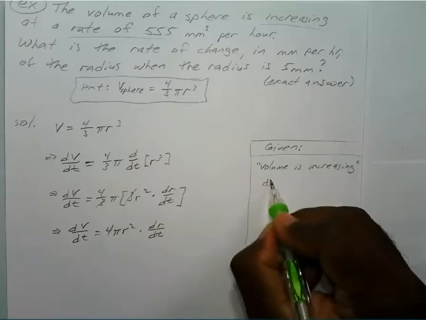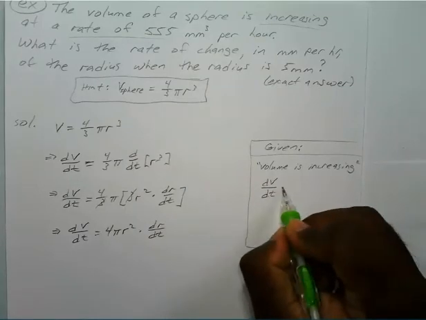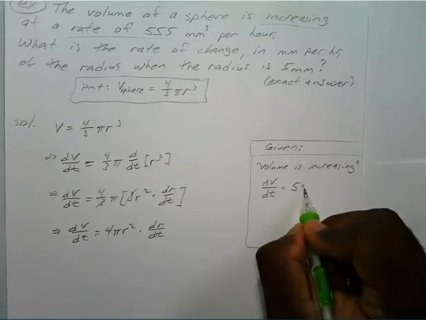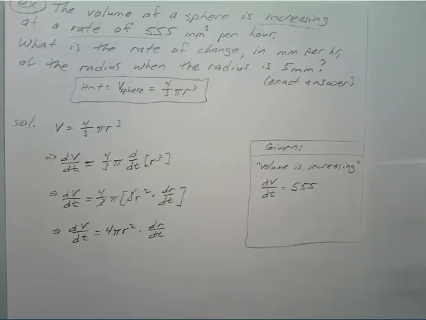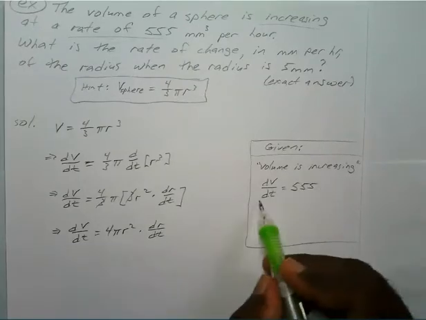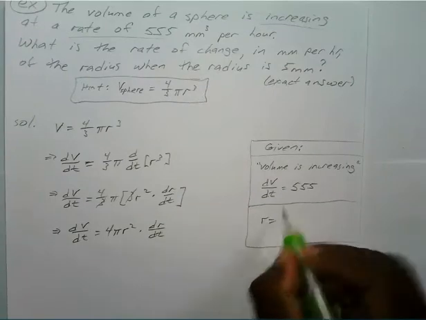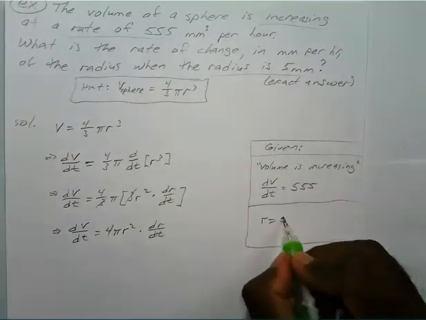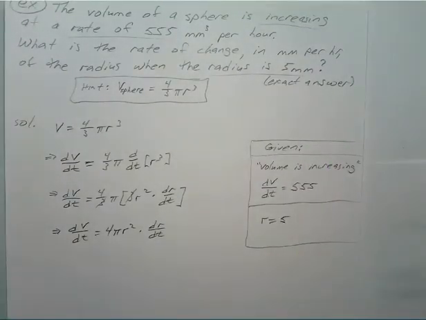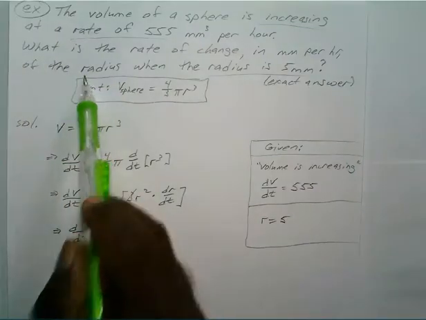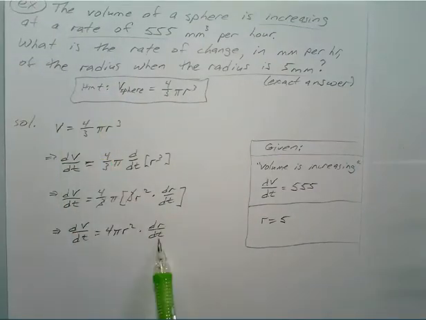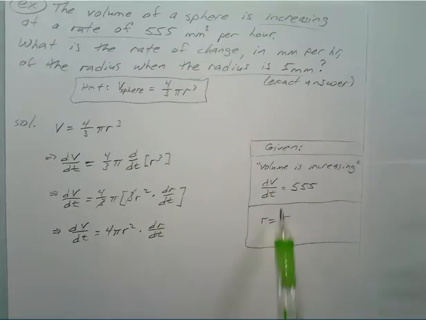So rate of change of the volume with respect to time is going to be positive 555. And we're looking for when our radius is equal to 5. Now, since we're looking for the rate of change of the radius, we're basically solving for this right here, the rate of change of the radius with respect to time, which means we're going to replace our r and our dV/dt. So we have everything we need.